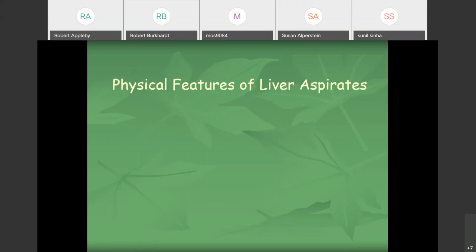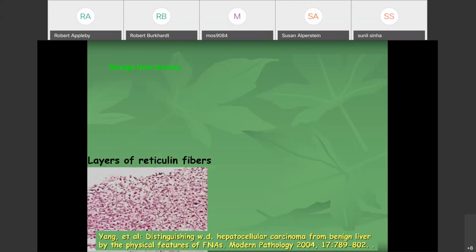And because I did a lot on-site at NYU, I noticed one thing, the physical feature of liver aspirate. Me and a colleague published a paper in Modern Pathology 2004 to show the histology basis of our finding.